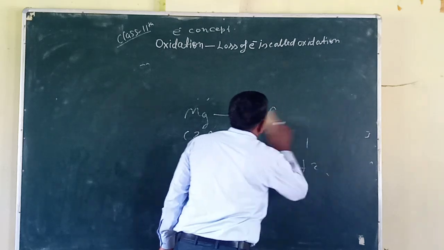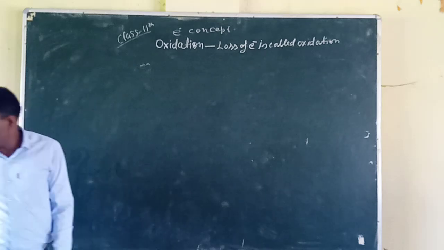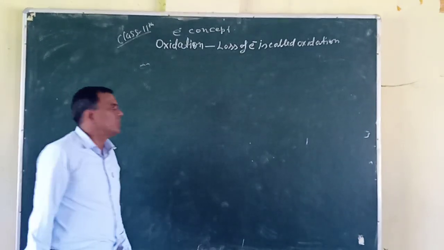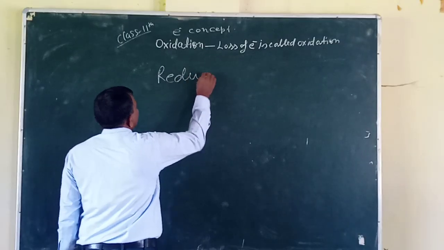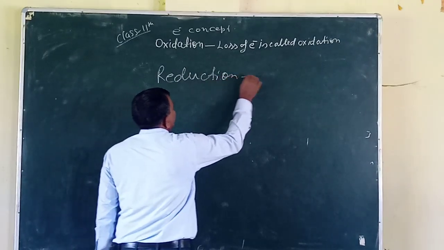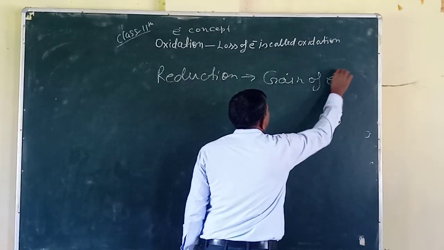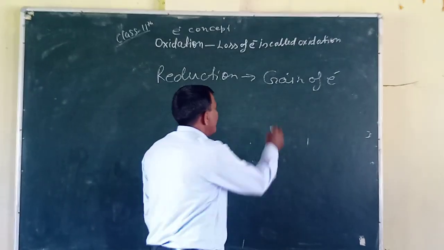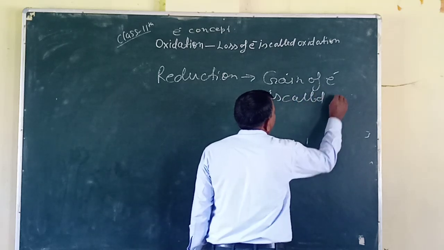Now the second topic, the reduction process. Reduction processes are those where there is gain of electron. Gain of electron is called reduction.